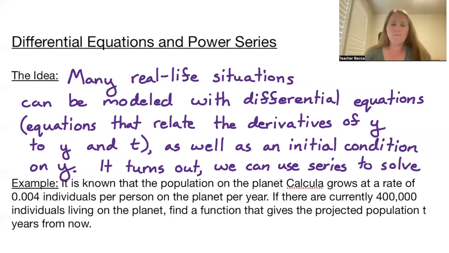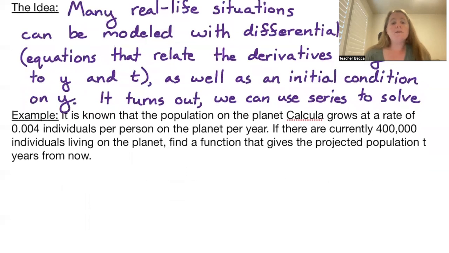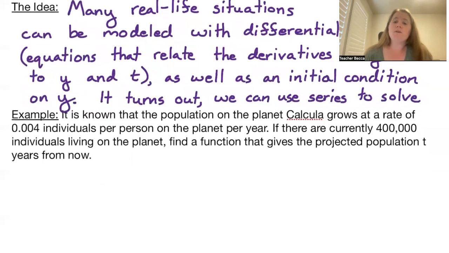So for example, let's say that it is known that the population on the planet Calcula grows at a rate of 0.004 individuals per person on the planet per year. If there are currently 400,000 individuals living on the planet, find a function that gives the projected population t years from now.